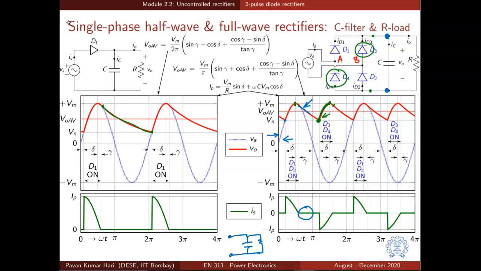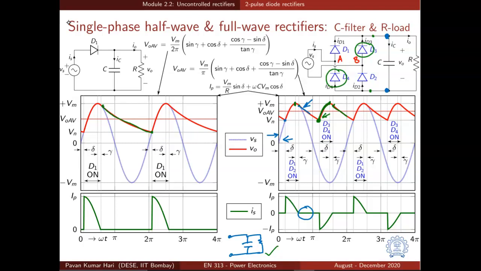And when both diodes, D3 and D4, are off, obviously we enter again the same circuit in which just an RC is present. So the exponential fall starts happening. And when does the exponential fall stop? Again, in the positive half cycle of the input voltage, where there is a possibility of D1 and D2 conducting.